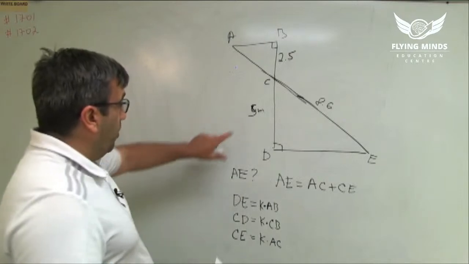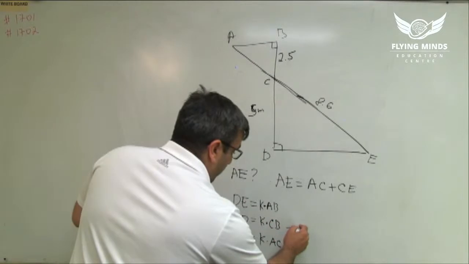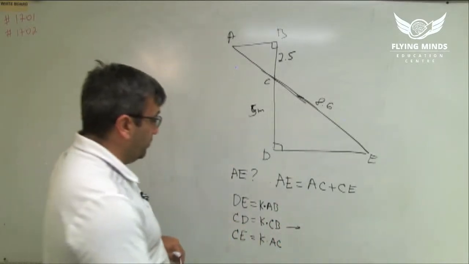Okay, so we know the dimensions of CD and AB. So from here, we just substitute numbers.